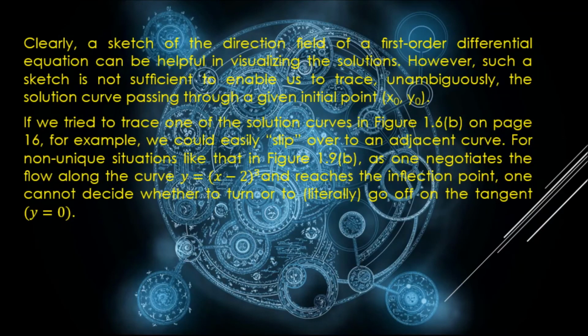If we try to trace one of the solution curves in figure 1.6b, for example, we could easily slip over to an adjacent curve. For non-unique situations like that in figure 1.9b, as one negotiates the flow along the curve y = (x − 2)³ and reaches the inflection point, one cannot decide whether to turn or to go off on the tangent y = 0.